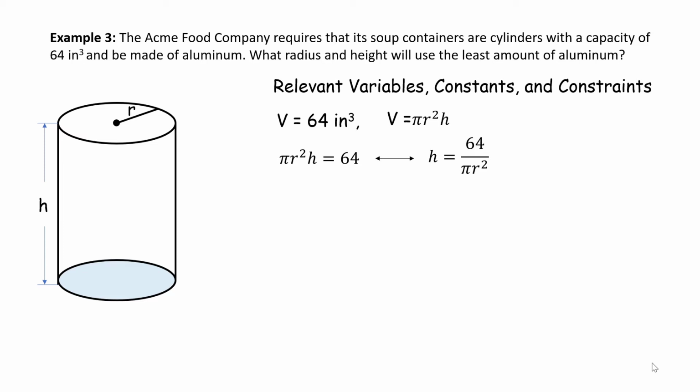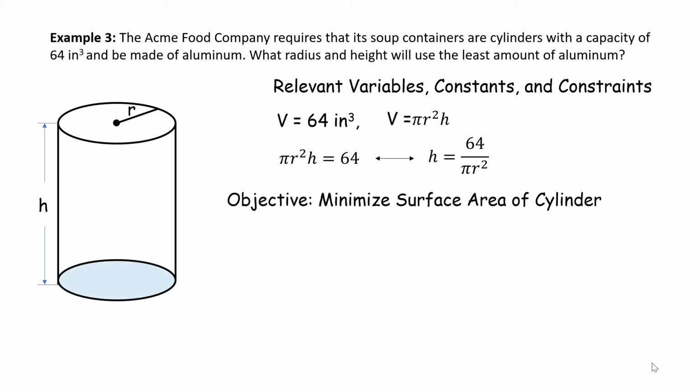Our objective here, since we want the least amount of aluminum, is to minimize the surface area of the cylinder. So how do we compute the surface area? The surface area will consist of two circles, the top and bottom, so we need 2 times the area of a circle, plus, to go all the way around, the area of a rectangle.